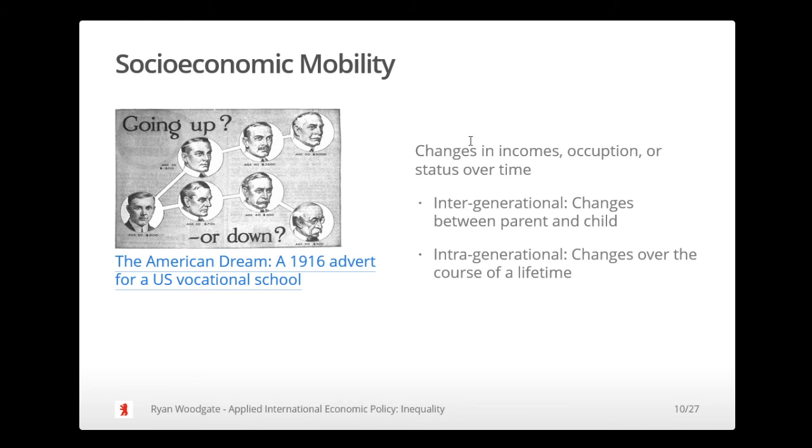Well, economists generally tend to look at the change in income over time. Sociologists are more looking at status or occupation. And this can be intergenerational, so changes between parent and child, or intragenerational, so changes over the course of a lifetime. Generally, though, I think most people consider the first one.